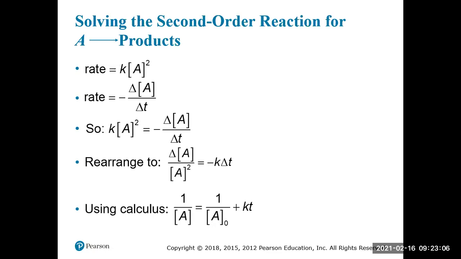So now we have K A squared equals minus delta A over delta T. Shift things around once again, rearrange so we have our concentrations together, and then we have the K delta T. We do some calculus and we wind up with 1 over A equals 1 over A0 plus KT.